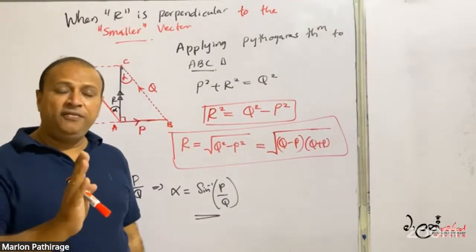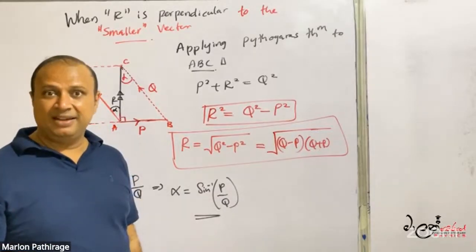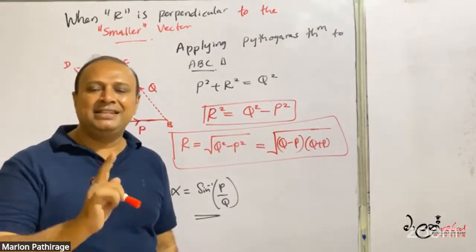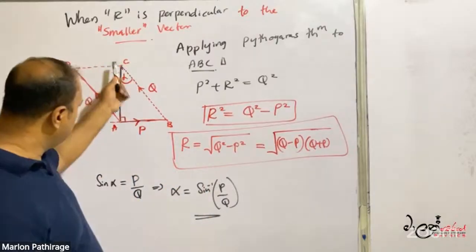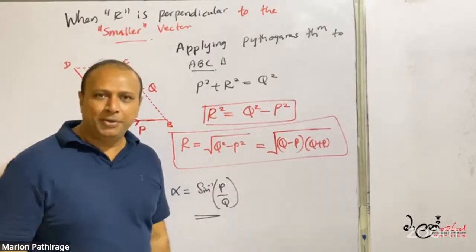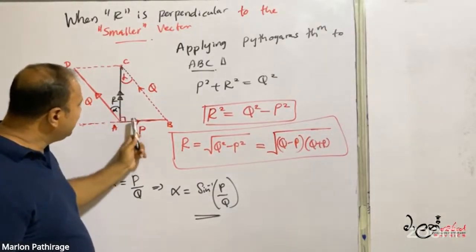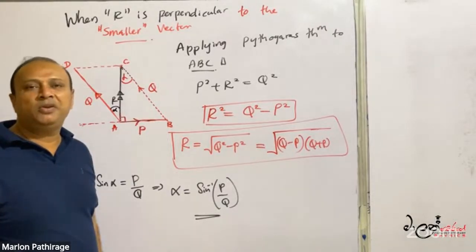So, if it is perpendicular to the larger side, that means the larger side should be a hypotenuse. If we consider a right angle triangle, these two sides cannot be perpendicular to the hypotenuse.